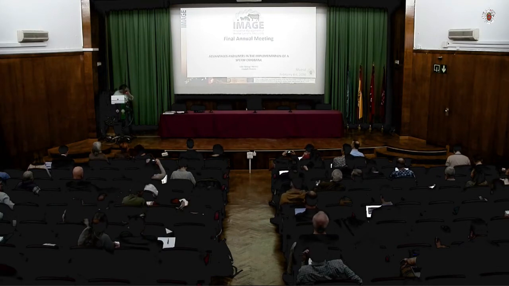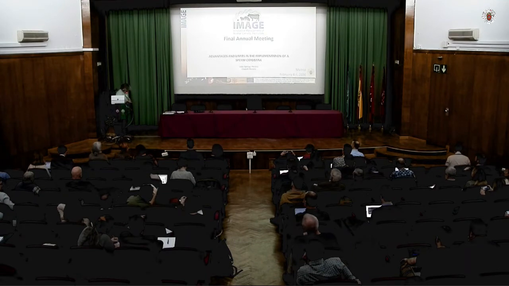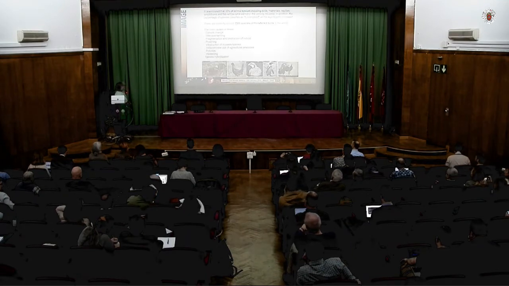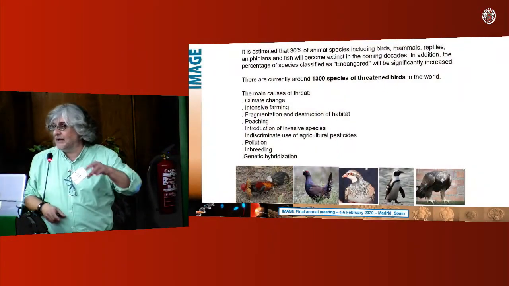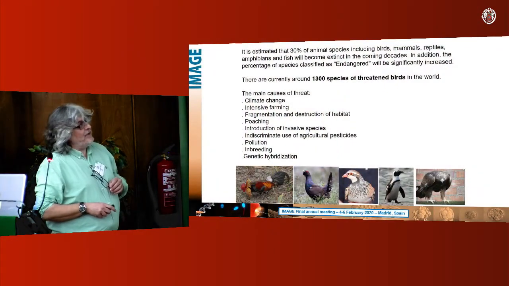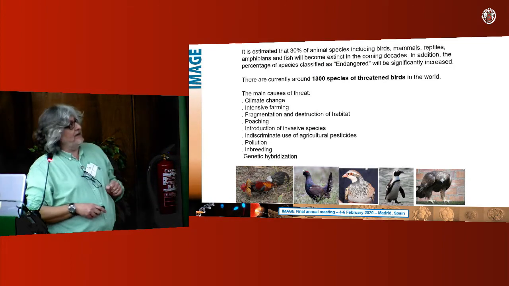Now I am going to try to make a general overview about sperm cryopreservation for the establishment of a sperm cryobank. It's important to stress that it is estimated that 30% of animal species, including mammals, amphibians, and birds, will be endangered, will be extinct in the next years.